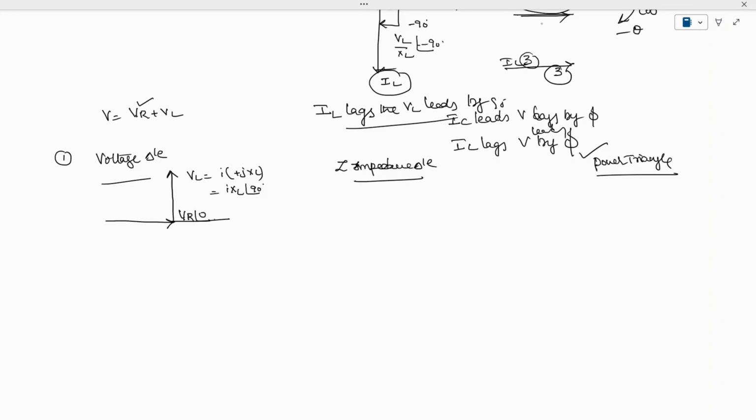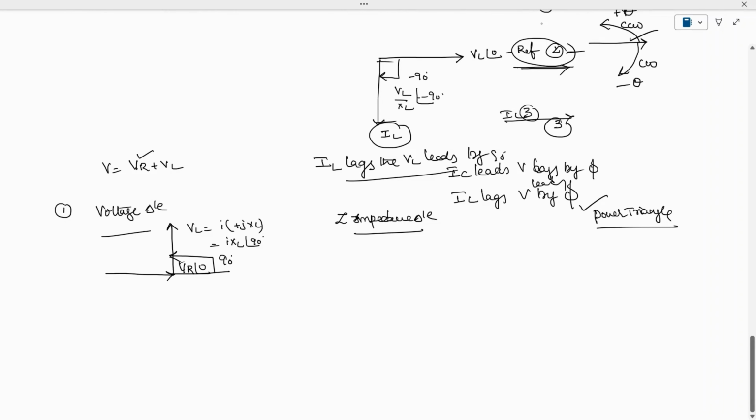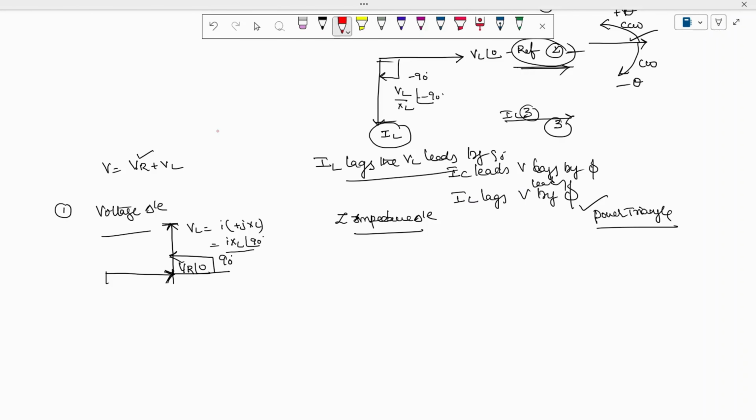So when you're drawing in this direction, the angle made in the counterclockwise direction is plus 90. Okay, so we have the magnitude, and the direction is like this. This is VL with magnitude I times XL, and the direction is upward. If you add these two, then we are going to get the vector. Okay, therefore V is equal to the vector addition of VR as well as VL, then we are going to get the value of V.